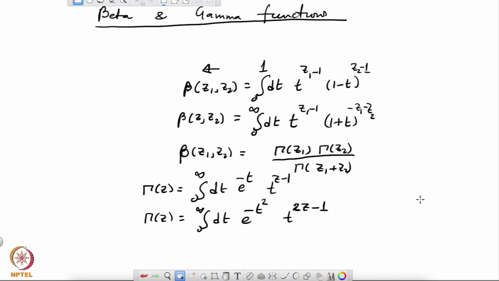z2 minus 1, the first one is correct. Second one is also correct. Third one is correct. 0 to infinity dt e to the minus t power z minus 1, that's right. And this one is wrong. I have missed a factor of half. And for some reason it doesn't write.